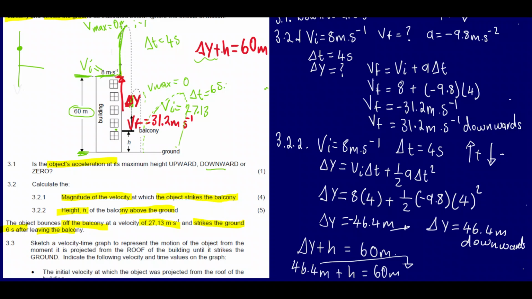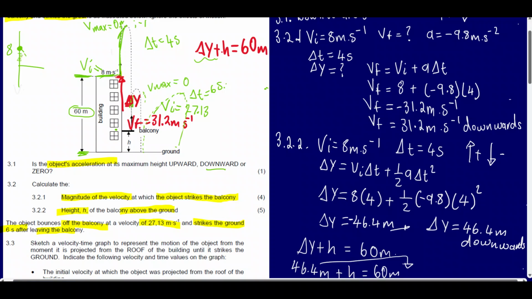But what happens to the object as it goes up? If the object started with some velocity 8, the velocity is decreasing as the object goes up to reach the maximum height. As it decreases, we will show it with a straight line. So this point here is the maximum height.